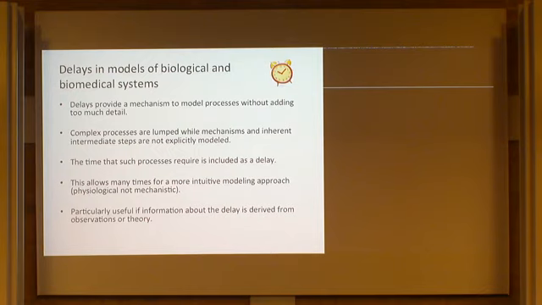And then, of course, the time that such a process requires is included in the model as a delay. This allows many times for a more intuitive modeling approach, so the modeling is then more physiological, not mechanistic. But the approach is particularly useful if we have information about the delay, either derived from observations or from theory.